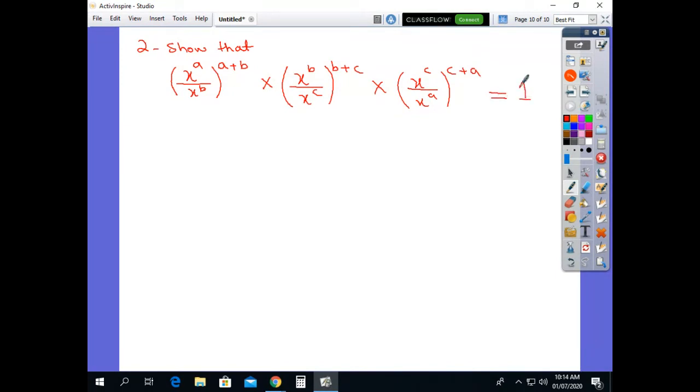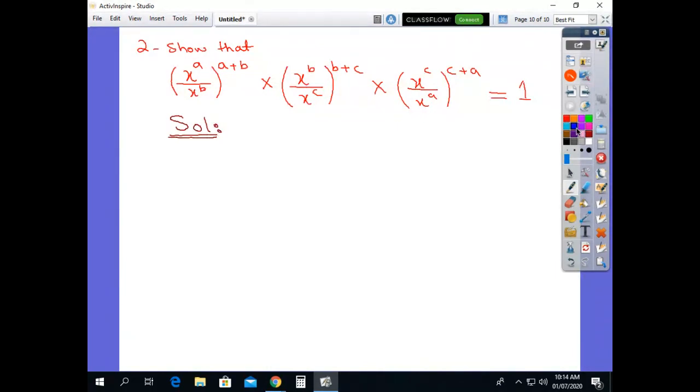Here we are to show that this expression, that is the left hand side, is equal to the right hand side. Therefore, first of all, we take the left hand side and solve it to find the result, which is 1, that is the right hand side.